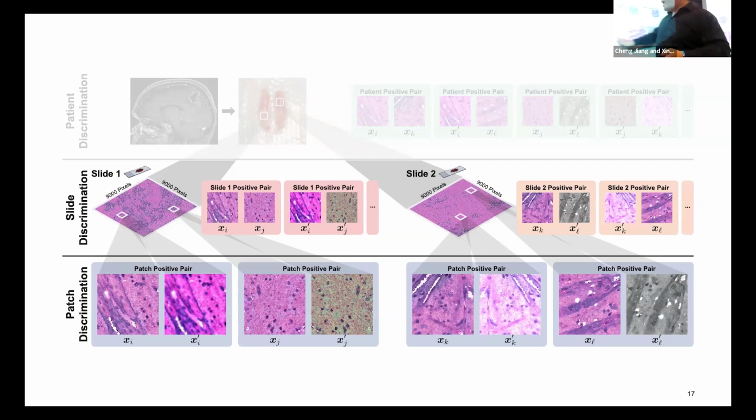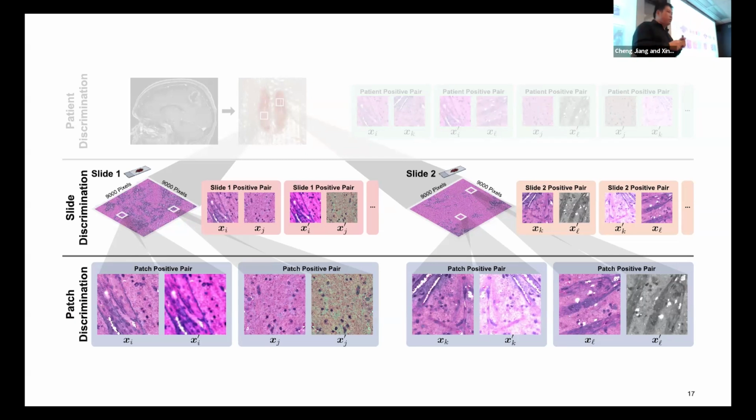So maybe these two patches are from the same host slide image, and they will be considered a positive pair. They look very different compared to two different augmentations of the same image. But the idea is that they encode the same underlying tumor biology, that they actually show us the same thing. That's what we call slide discrimination.